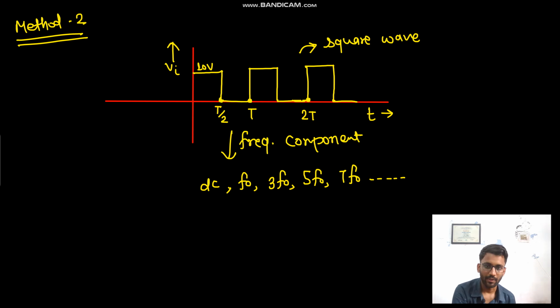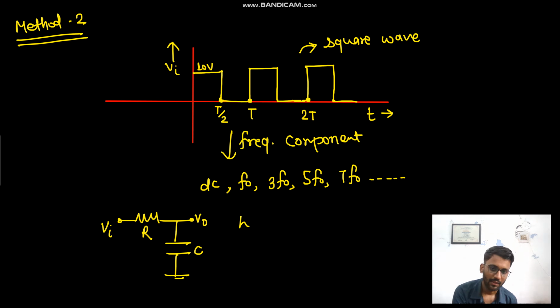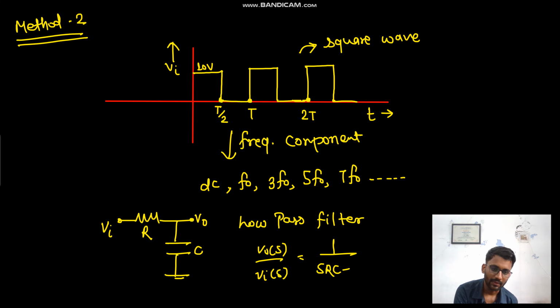Now we have an RC circuit. This is a low pass filter. V0 s upon V in s is 1 upon RCs plus 1, right? So this is a low pass filter with cutoff frequency 1 by RC.